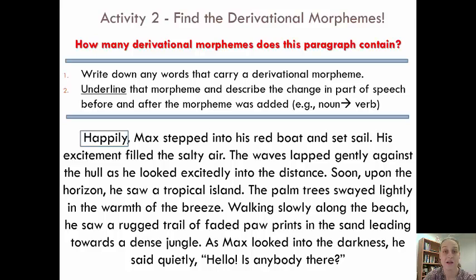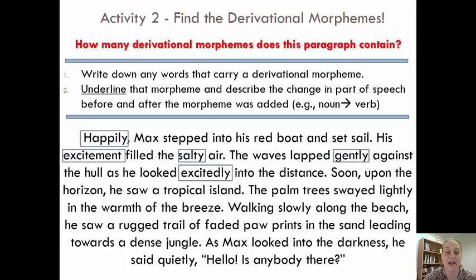Okay, let's go over it. So happily is the first word that we did together. We also see excitement, right? Excite is a verb changed to a noun with the derivational morpheme suffix -ment. We also see salty, salt being a noun changed to an adjective with the suffix -y. Gently is also, gentle is an adjective. Adding -ly makes it an adverb.